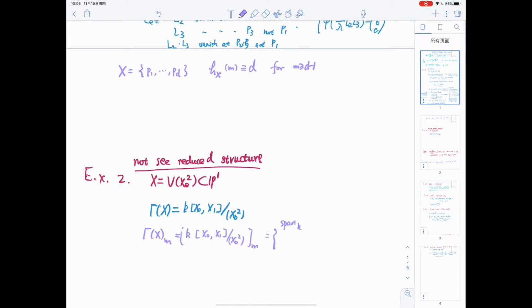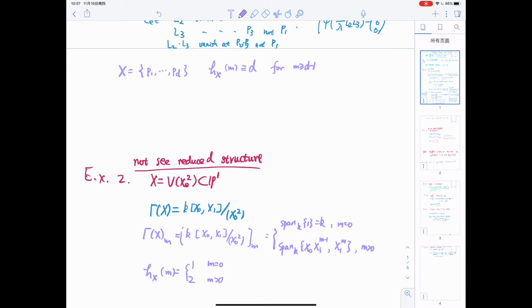It is spanned by 1 when m is 0, and it is spanned by these monomials when m is greater than 0. So the Hilbert function is 1 when m is 0 and is 2 when m is greater than 0. It is the same as the Hilbert function of two distinct points, which means that we cannot distinguish between two distinct points and the double point V(x0^2).